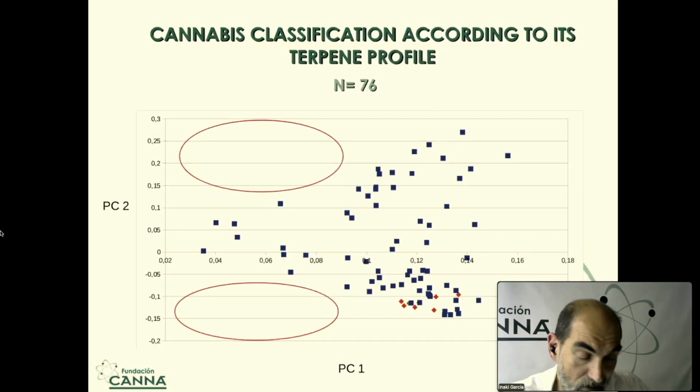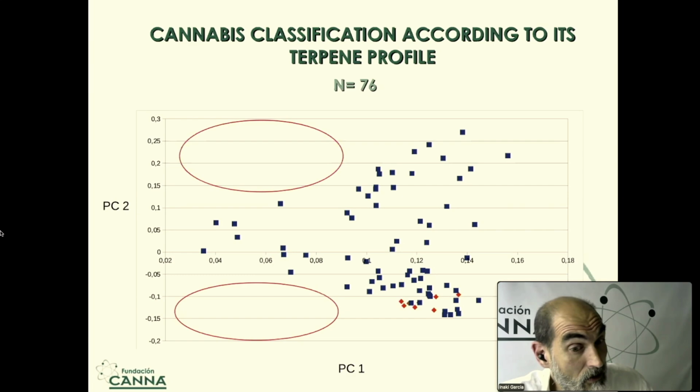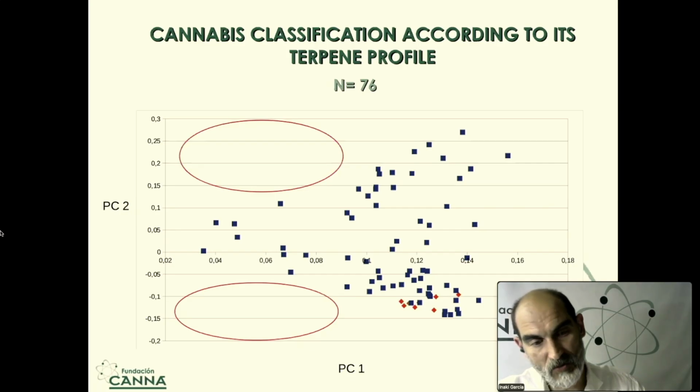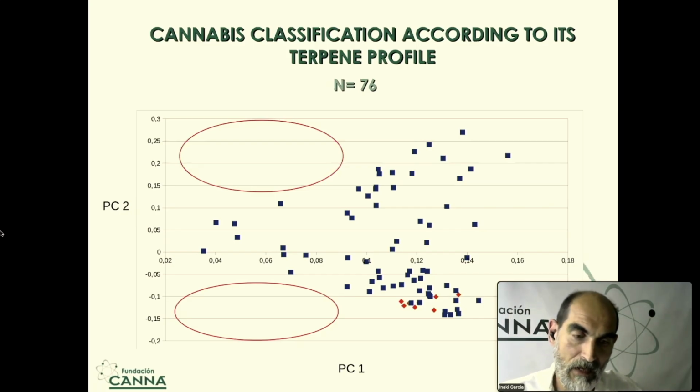This is important, for example, for a company that develops varieties, because this company should look for plants that fill this gap. Because as a consumer, maybe the aroma that I like most is the one of the plants that should be in this part of the graph.